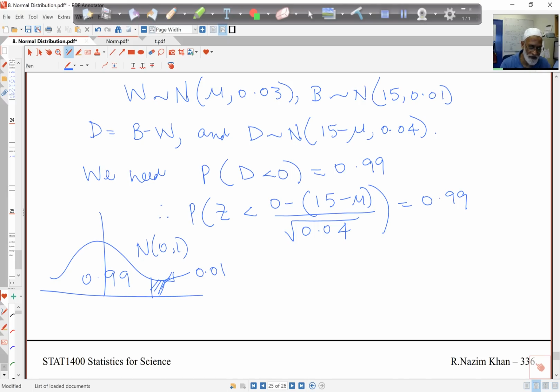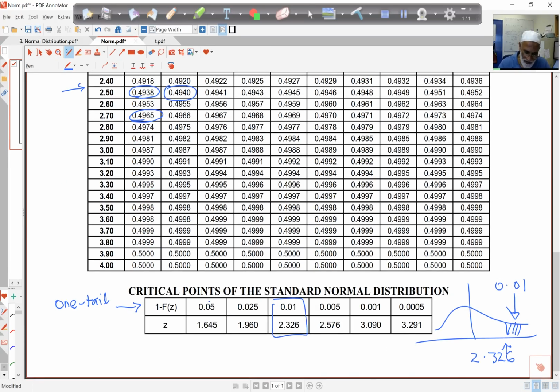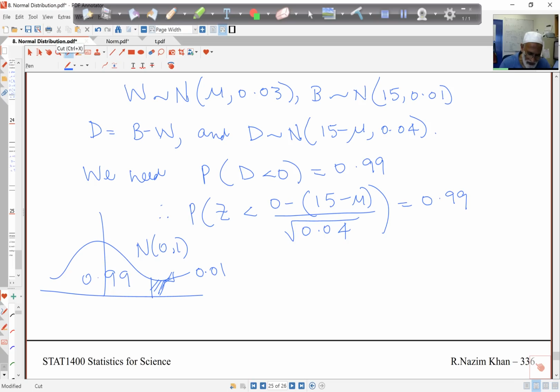If I go to my normal table and I look up at the bottom, the 0.01, I saw this before, this is 2.326. This is 0.01 in the tail, the value is 2.326. So that means this value here is 2.326.